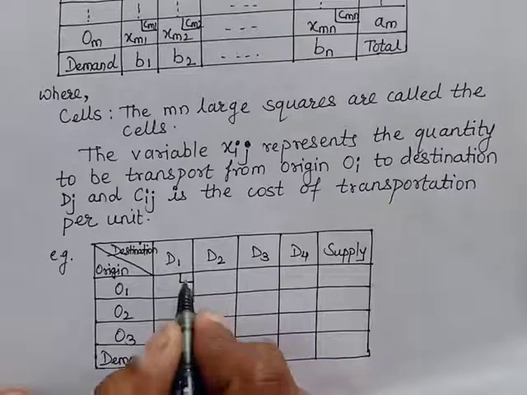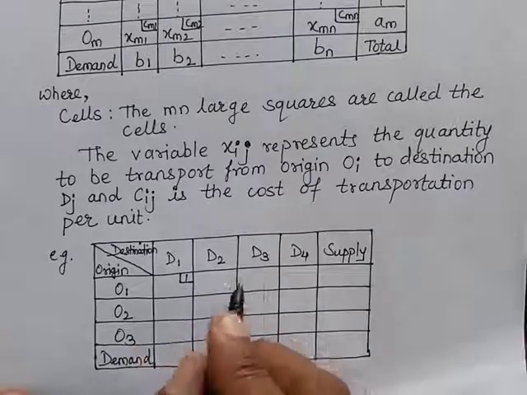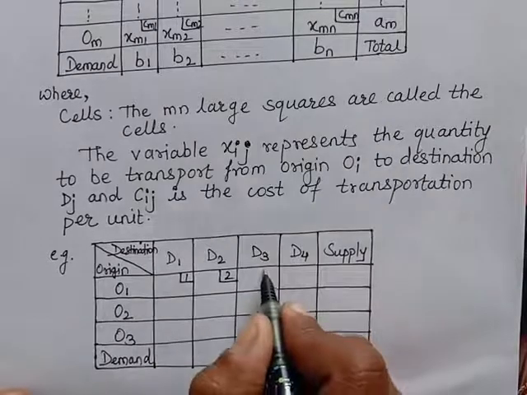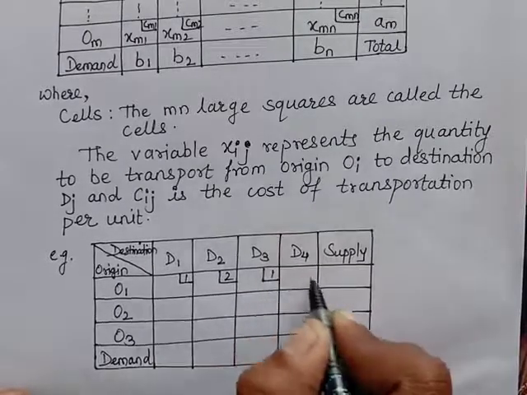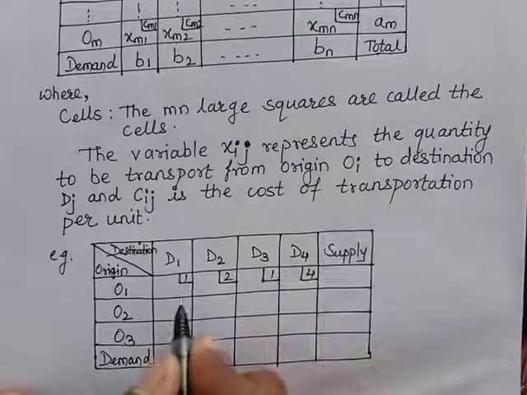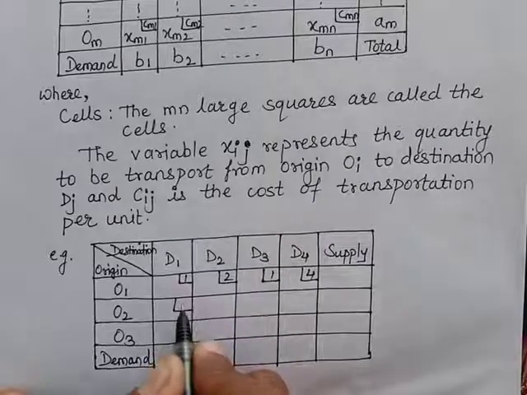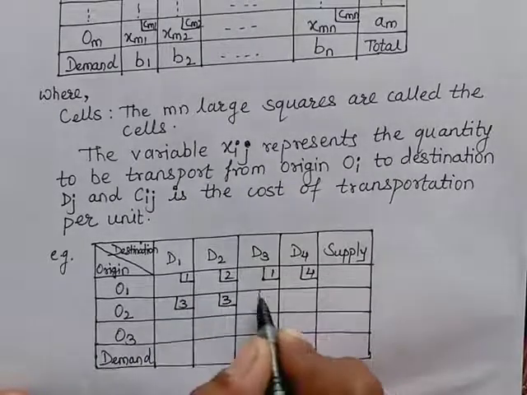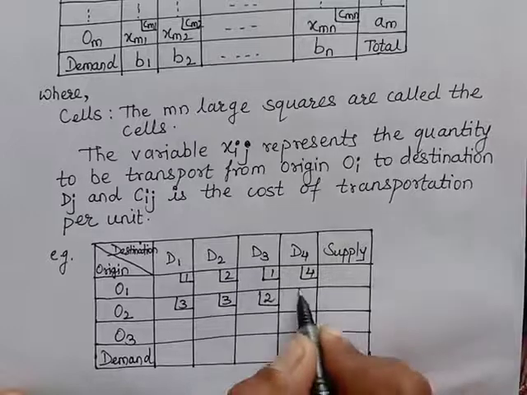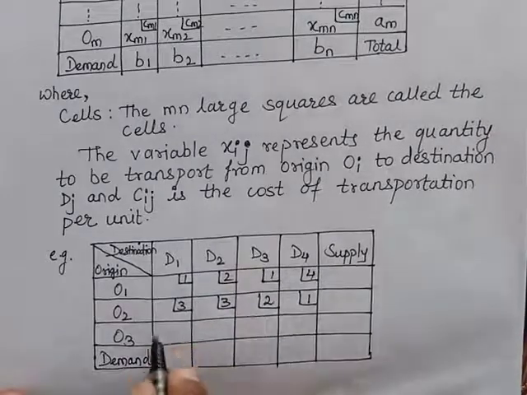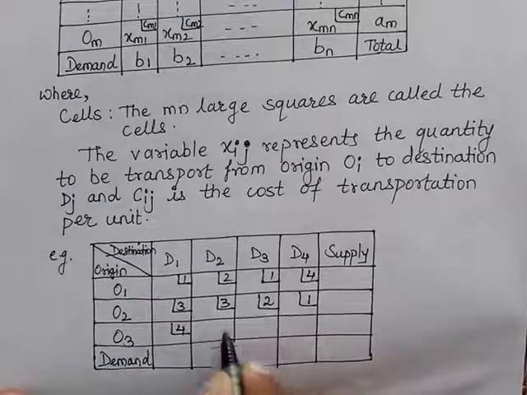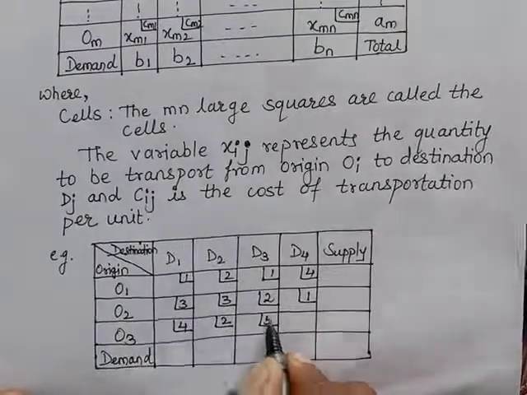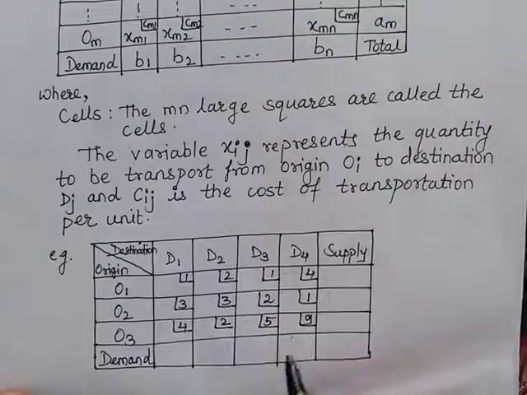Here the cost is 1, meaning rupees 1. Here the cost is rupees 2. Here again rupees 1 and here 4. Here 3, 2 and 1. Here 4, 2, 5 and 9.